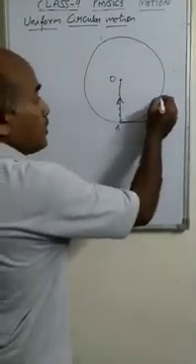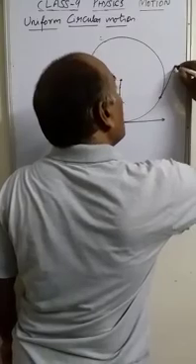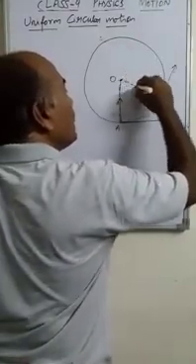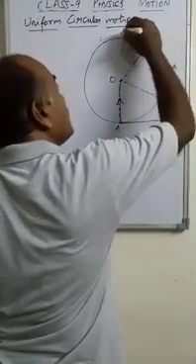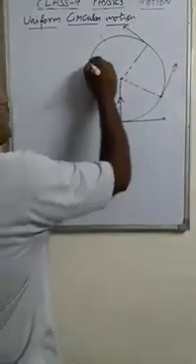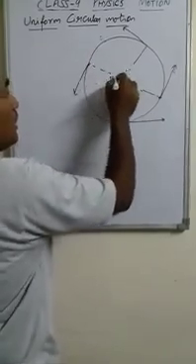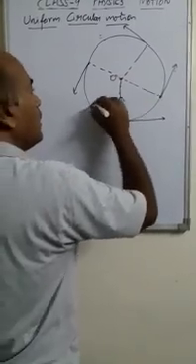When it comes to this point, its direction of motion is here, like this. If the object comes to this point, its direction of motion is here. If it reaches this point, its direction of motion is here.